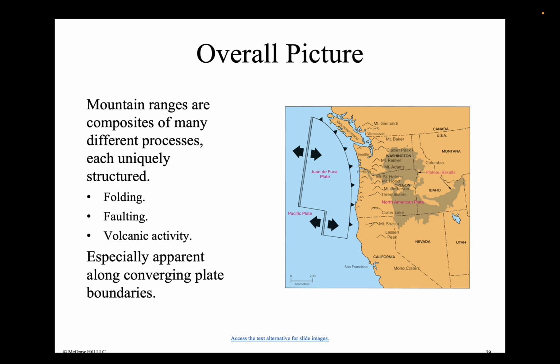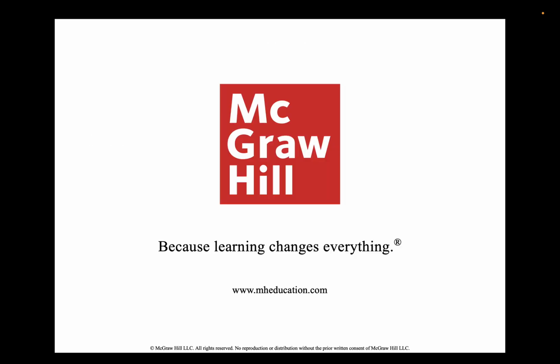So overall in this class, we talked about the principle of uniformity, which means we can understand the past by looking at what happens in the present, because the geologic processes that you see today happening to those rocks also happened to the rocks in the past.